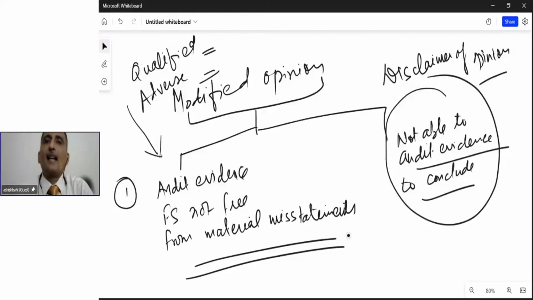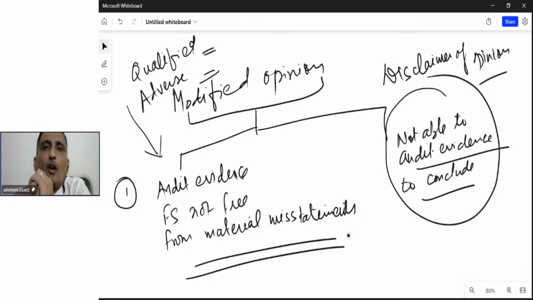Or there could be a second possibility that he has not been able to obtain audit evidence to say that financial statements are free from material misstatements. Say if I have not been able to obtain audit evidence, then what kind of opinion I would be giving? I would be expressing a disclaimer. It is also a form of modified opinion. To disclaim means to say that I do not own this, that I am disclaiming my opinion, that I am not in a position to give my opinion. Because of what? Because of want of evidence. Okay.